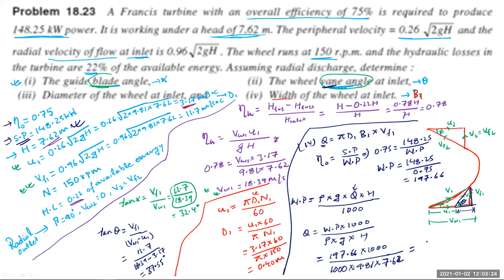Solve this. 2.64 cubic meter per second. Now you can substitute this Q value in the equation.